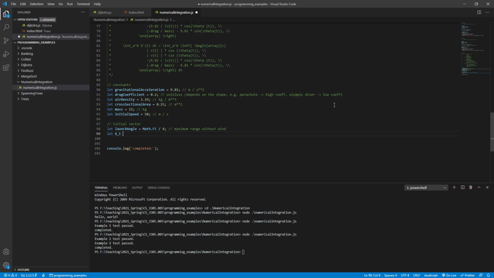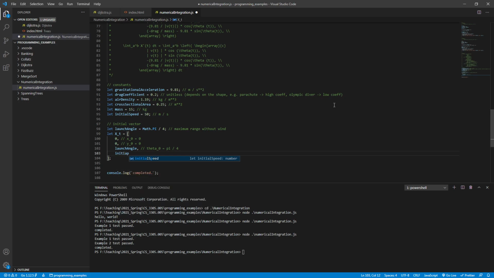And then we're going to name our vector x sub t. So 0 there corresponds to x0 equals 0. 0 there corresponds to y0 equals 0. Our initial theta is going to correspond to our launch angle.